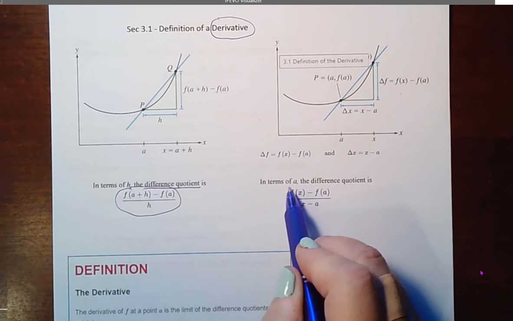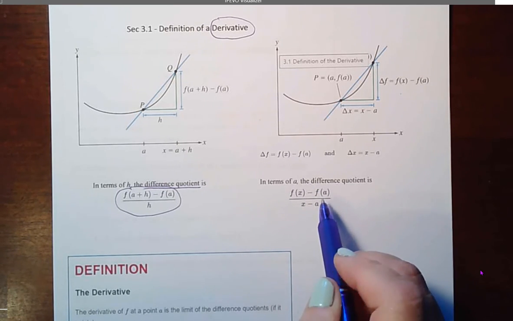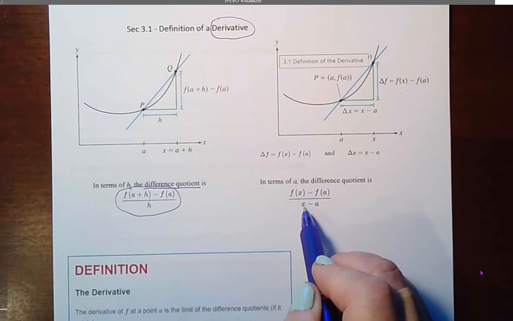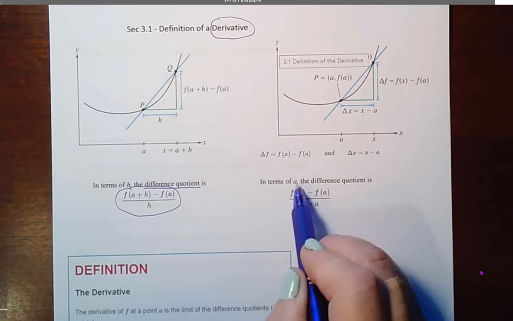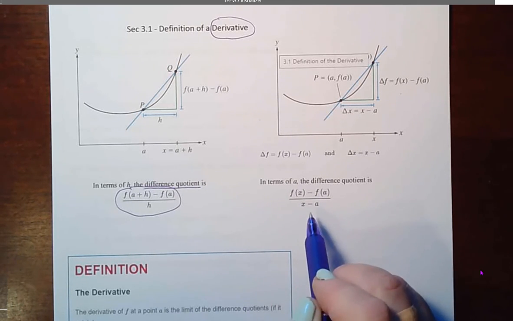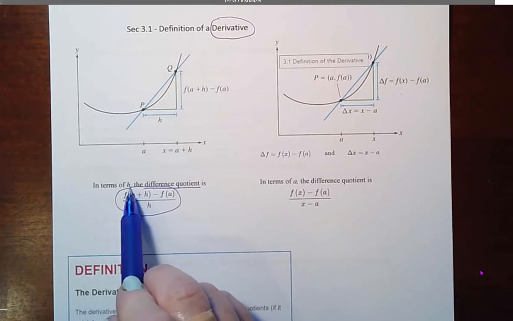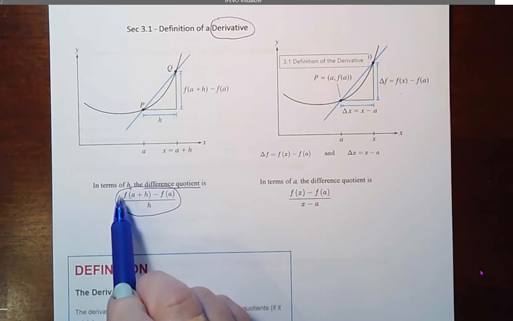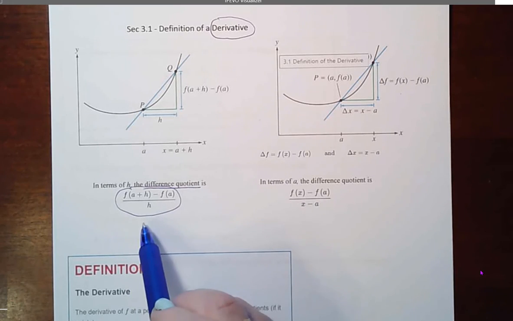This ought to look a lot more like your regular slope formula, y2 minus y1 over x2 minus x1. So this is just another way to write the difference quotient, and in an earlier lesson, I showed you how we derived this from the slope formula.